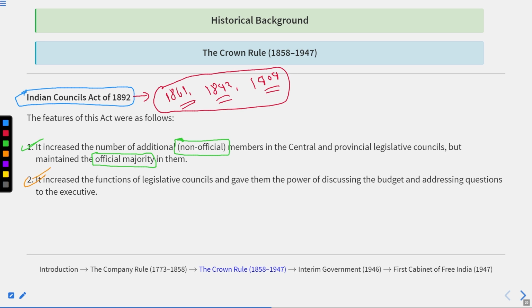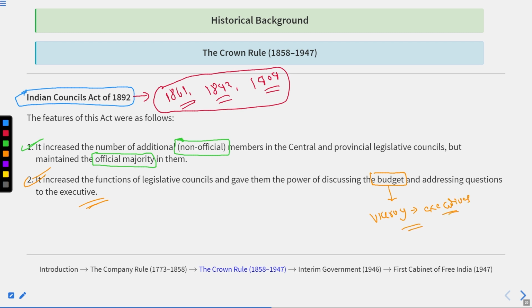Thereafter, it increased the functions of the legislative councils and gave them the power of discussing the budget and addressing questions to the executives. Previously the budget was not open to discussion in the meetings; it was totally dependent upon the Viceroy and his executives to discuss and pass it.